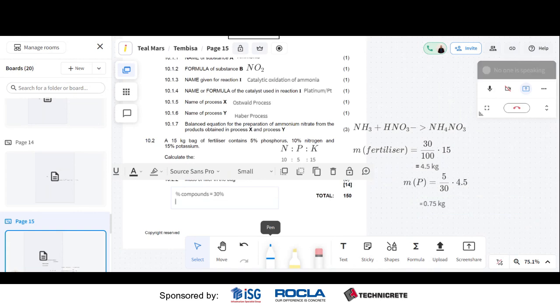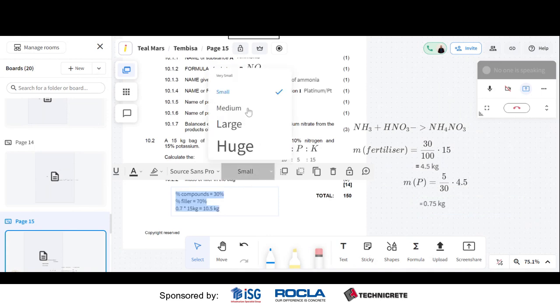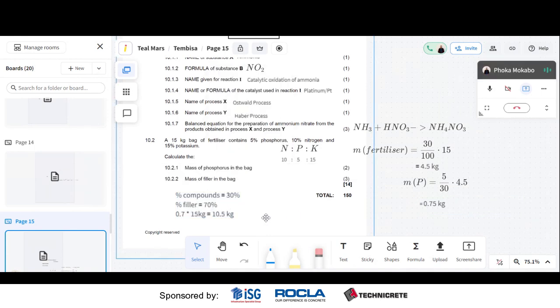So the percentage of filler is therefore 70%, or 0.7, times that 15 kg that we started with, which is equal to 10.5 kilograms. Hopefully you can see it now.